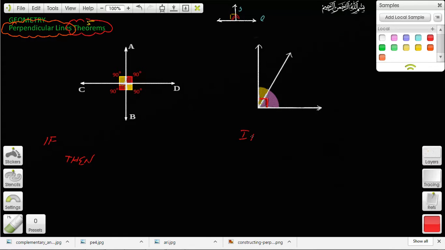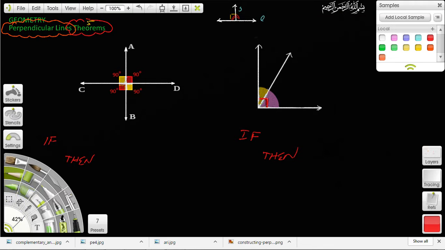We shall write the skeleton of our conditional statement there.